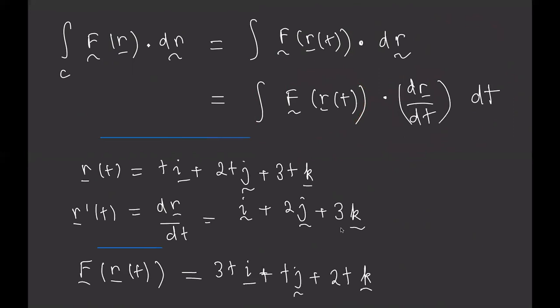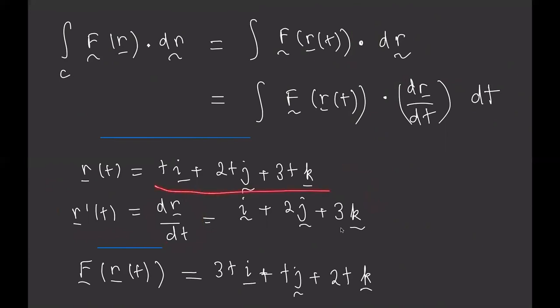Let's see. Yes, I know that r of t is equal to t i plus 2t j plus 3t k. So if I want dr by dt, I just differentiate it with respect to t. So dr by dt, which I can also call r prime of t, or r dash of t, is the derivative of this with respect to t.